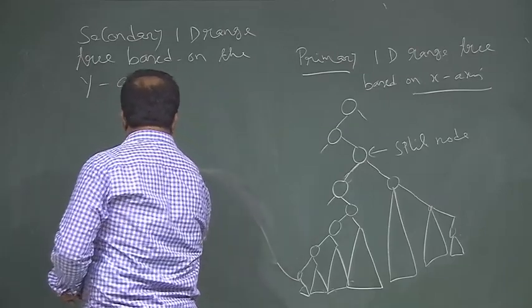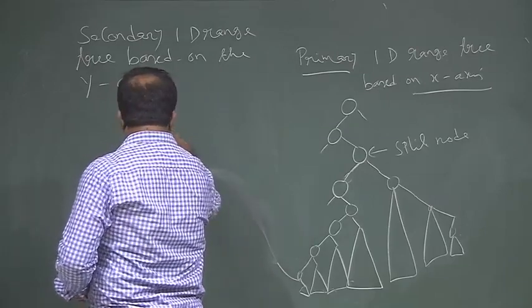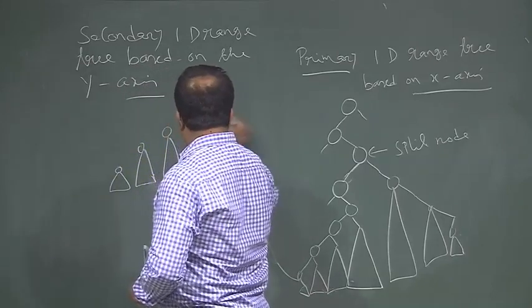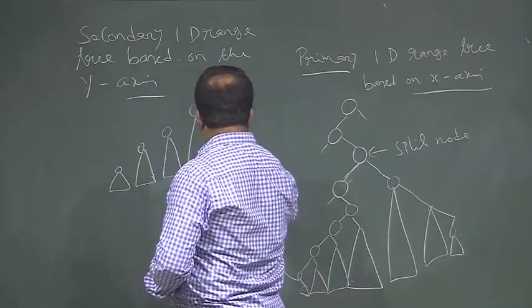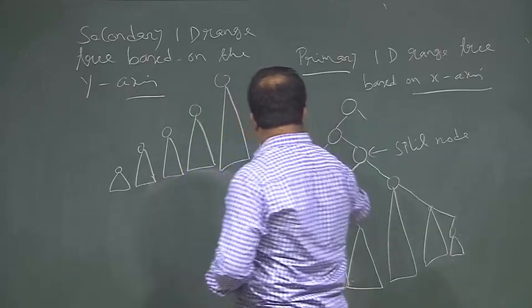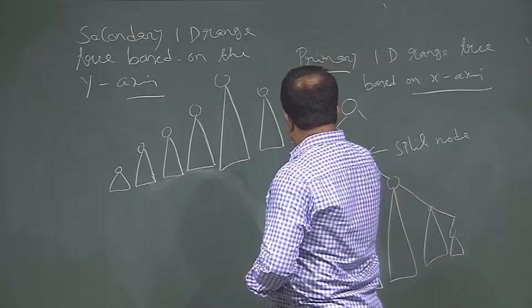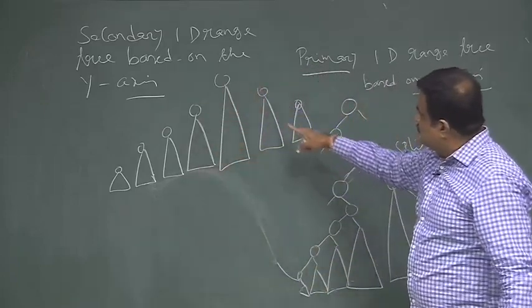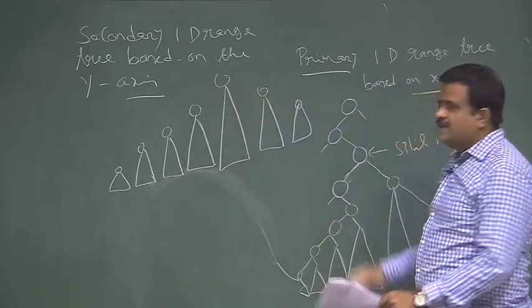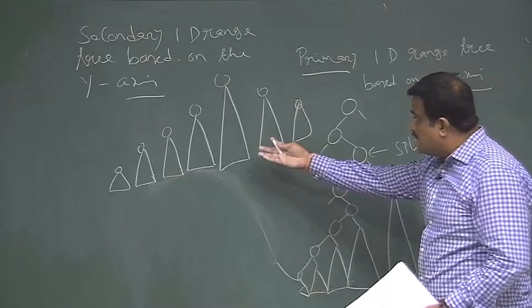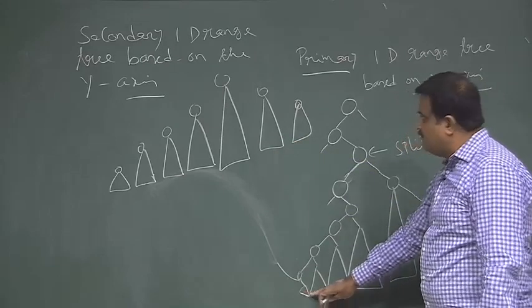These are based on the y coordinate. We have a similar, same size tree, but based on the y coordinate. This is the part of the range tree in the y coordinate, and their size is the same, because this number is the same.